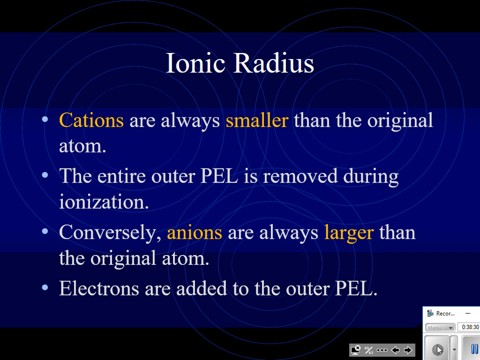They are adding electrons to that outer energy level. So the cations are going to be smaller than the original ones. The anions are going to be larger than the original atom. We're talking about the atom before it has gained or lost the electron.